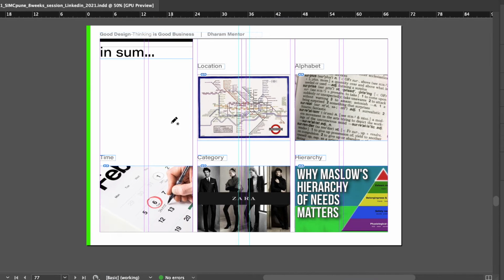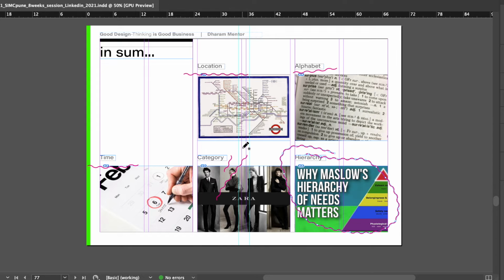In sum, you can organize the data point information on the factor of location, or according to alphabet, or you can bring a time factor into it, or you can have categories and organize your data according to those categories, or you can have a hierarchical way of organizing data.